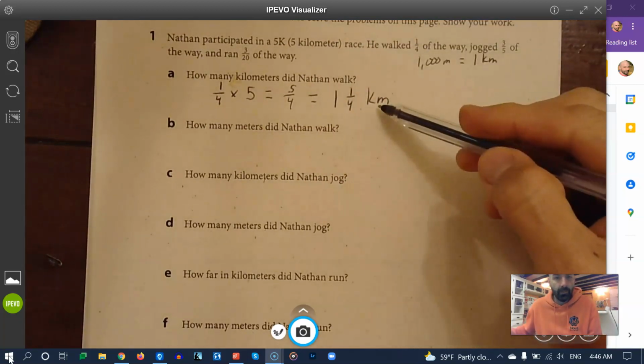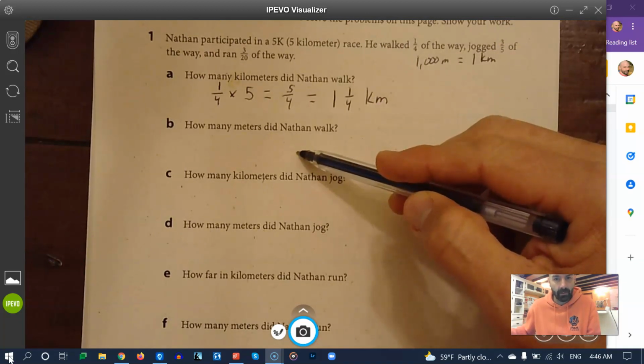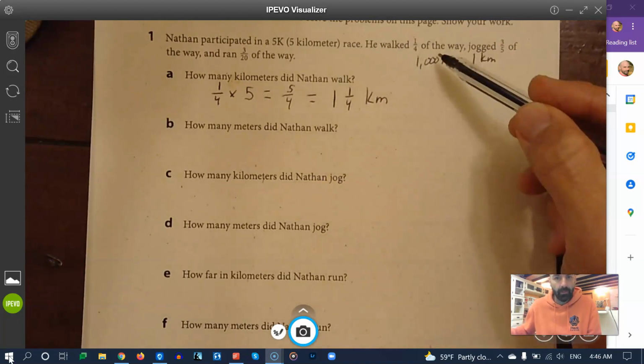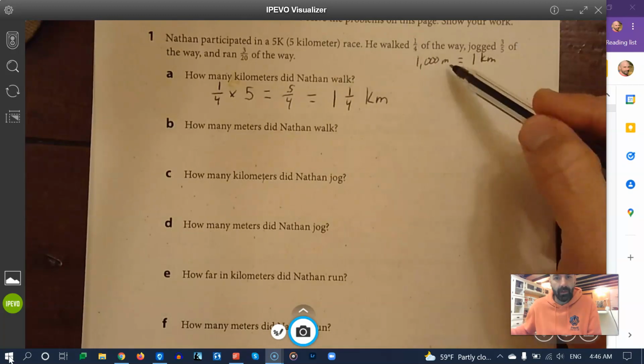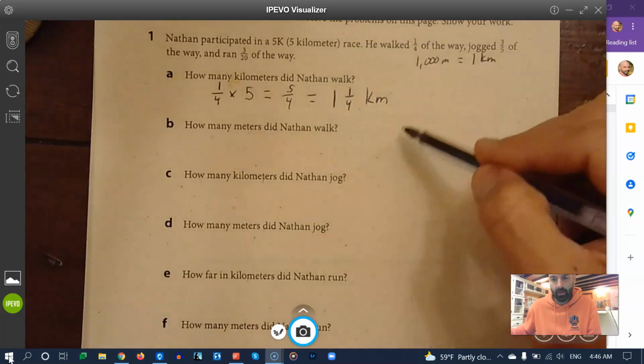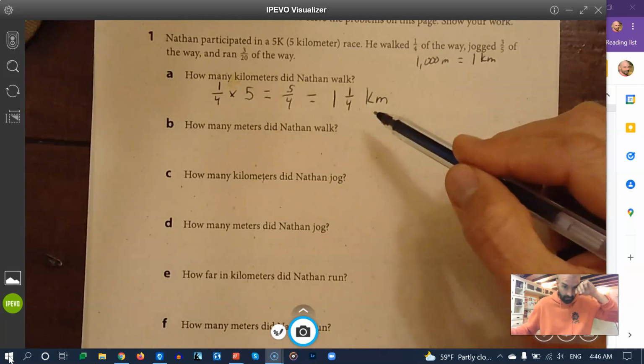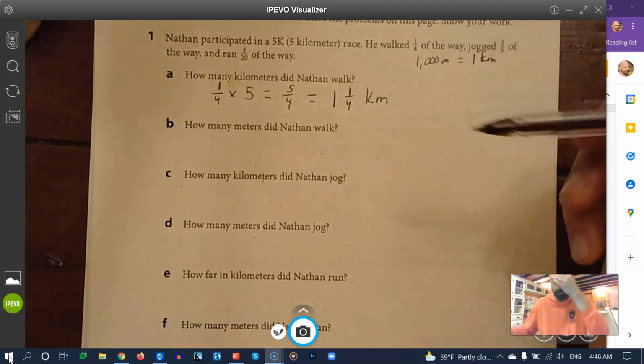Now, how do we go from this to this? This one is how many meters did Nathan walk? So we're going to need to multiply this number by 1,000 to get the appropriate amount of meters. Now, it's going to be harder to do that with this fraction here. I guess we could, so let's do it.